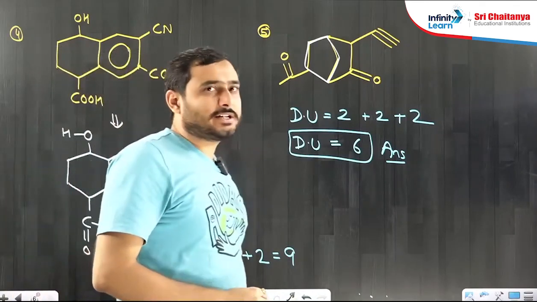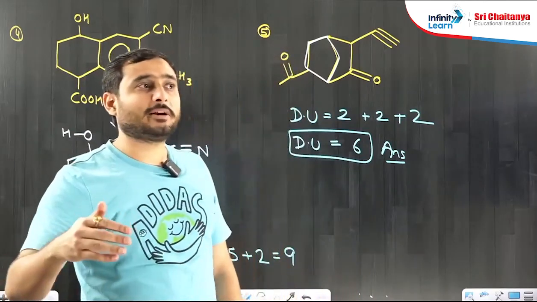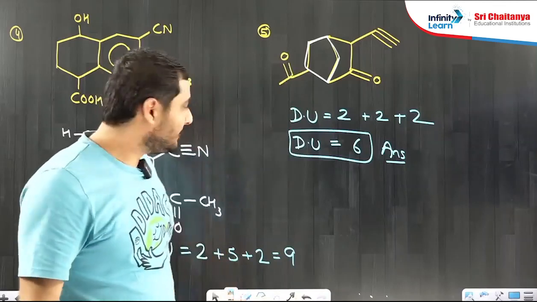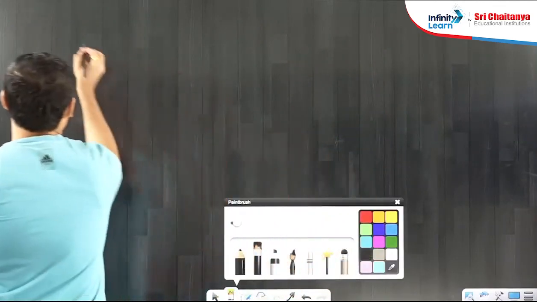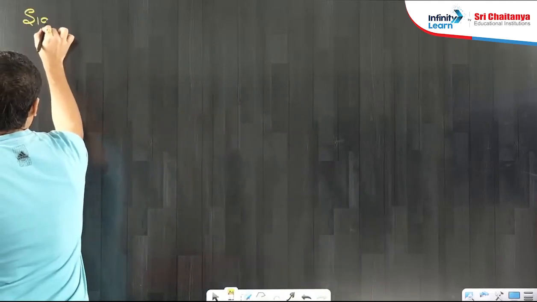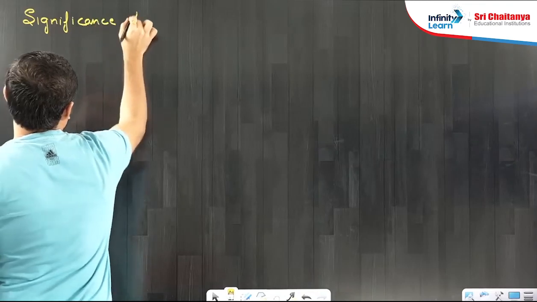Now, the next application is in isomers. If a molecular formula is given and we have to predict how many possible structures there are, what is the significance of the degree of unsaturation for making isomers? So what we write is: significance of degree of unsaturation.